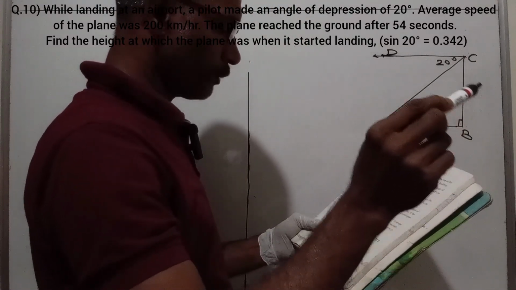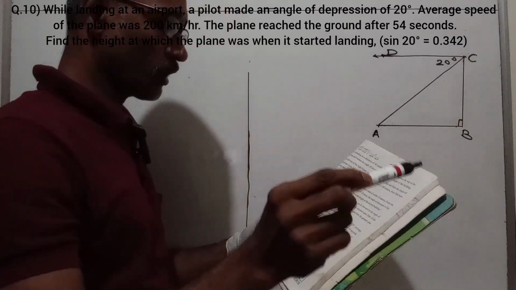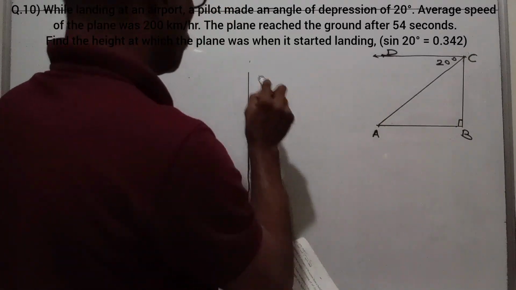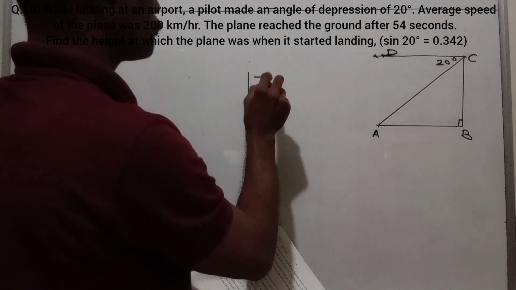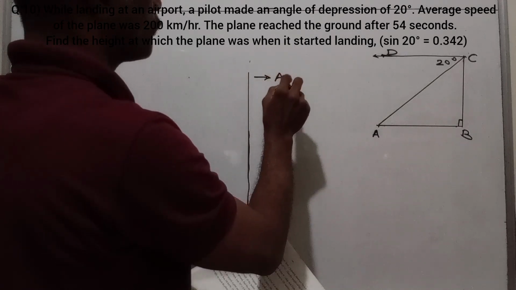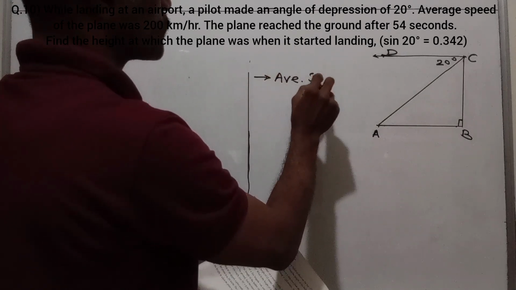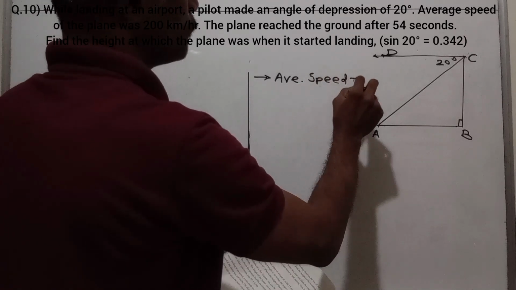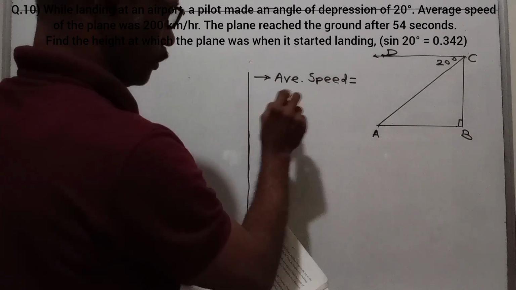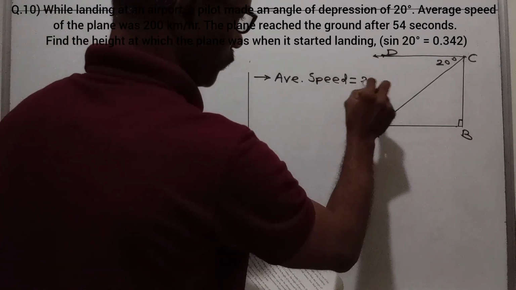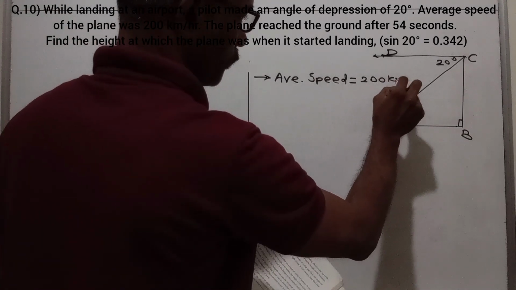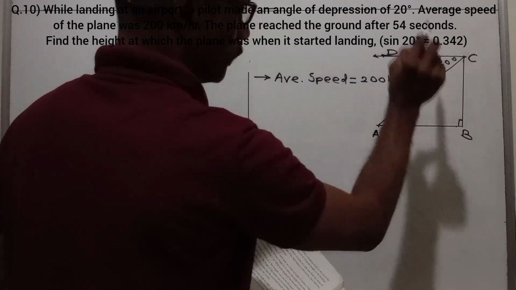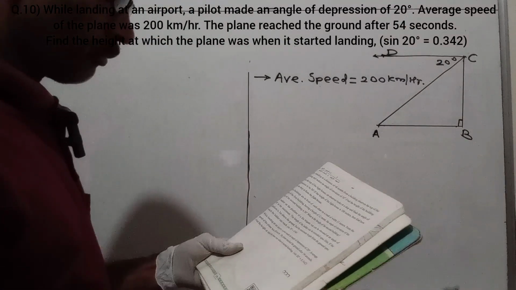Average speed of the plane was 200 km per hour. See this carefully. Average speed is equal to, I will write here, 200 km per hour. Okay.